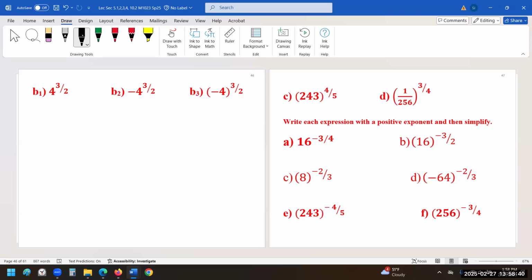See, now you have negative 4 inside the parentheses, this is square, right? But it is negative 4 cube, right? So this is negative 64.